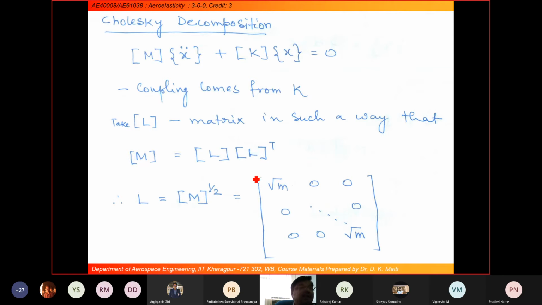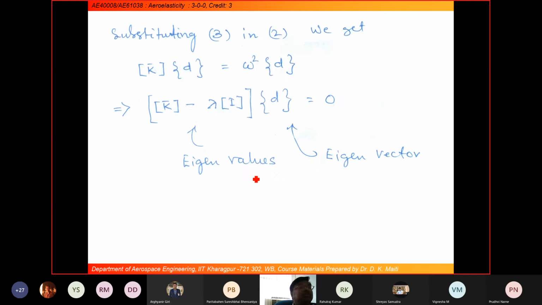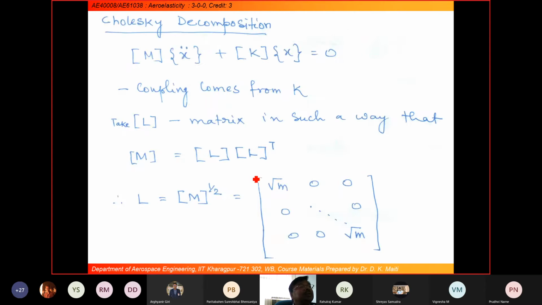Let's say we are considering a multi-degree of freedom system. Let me just talk about this. Let's say Mx double dot plus Kx equal to 0. This is a coupled system, and now I am transforming this mass matrix into triangular form, L into L transpose.